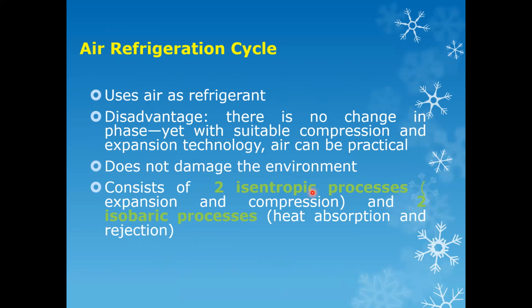It uses air, so this is another type of refrigeration cycle using air as refrigerant. The disadvantage is that there's no change in phase, yet with suitable compression and expansion technology, air can be practical, because it's abundant.